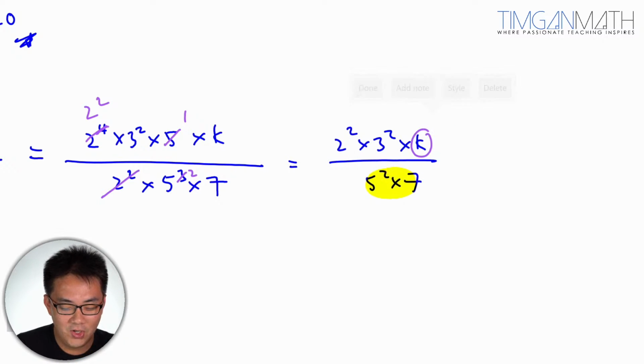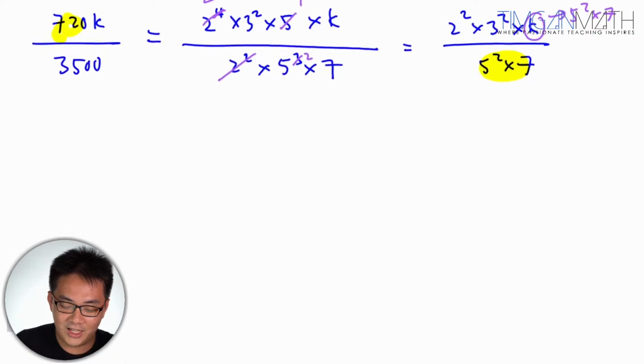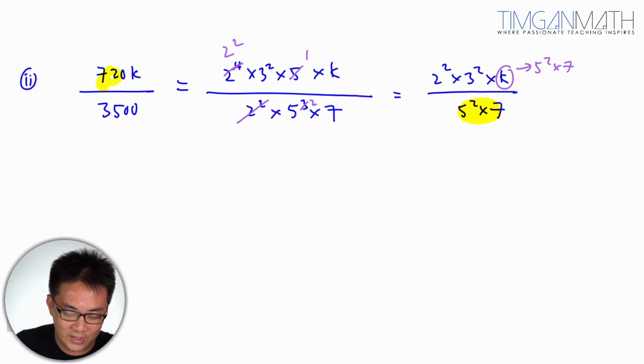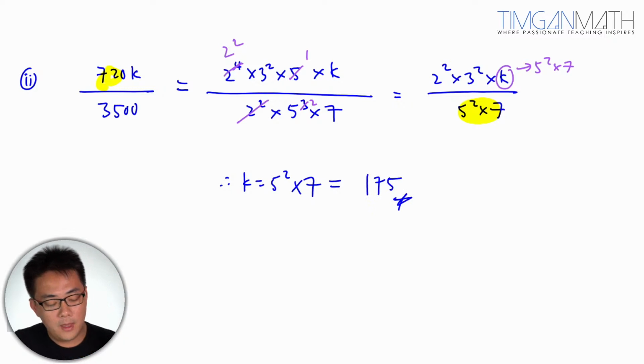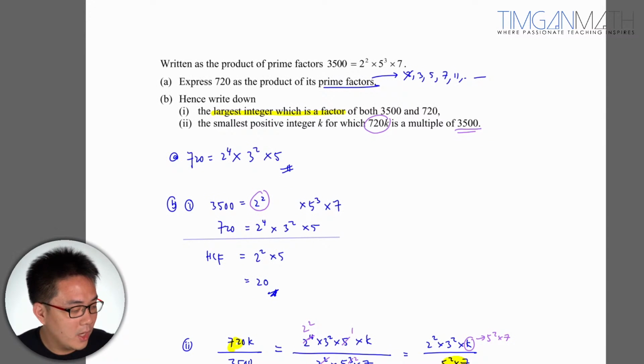You get what I'm saying? Sorry, I should have just stuck to this method initially. But anyway, it's okay. If you don't understand the first method, you can always stick to this. So hence, k will be 5 squared times 7. This will be 175. So this is how we do this question proficiently. Any questions, please do let us know. Keep practicing, and I'll see you in the next question.